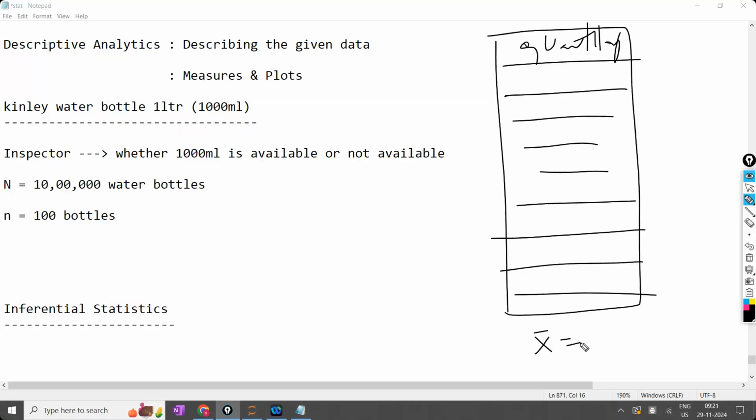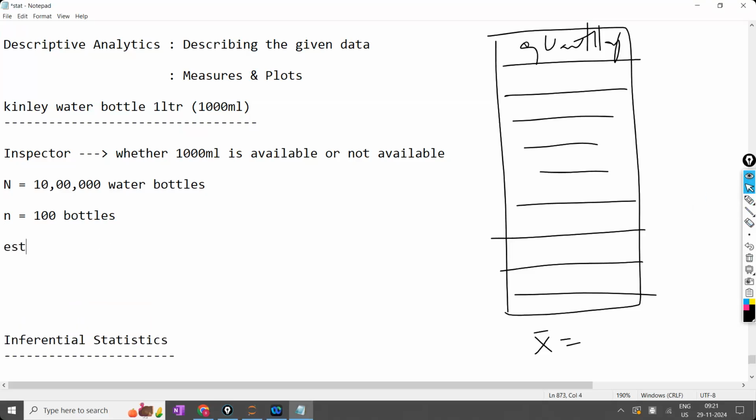We can't calculate them, so we are going to estimate. We will estimate the quantity inside the 10 lakh water bottles based on the 100 water bottles.